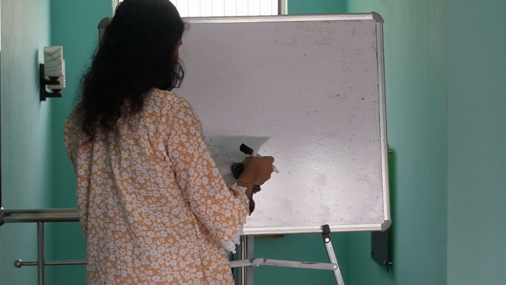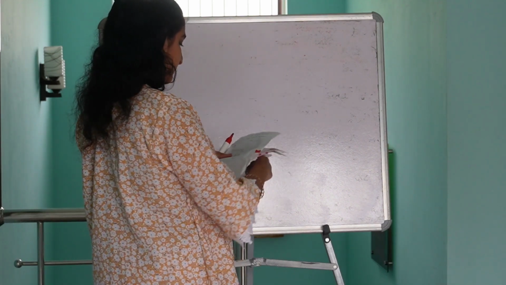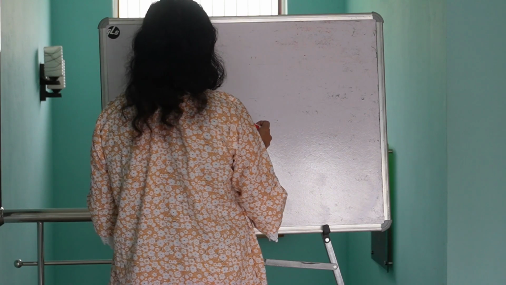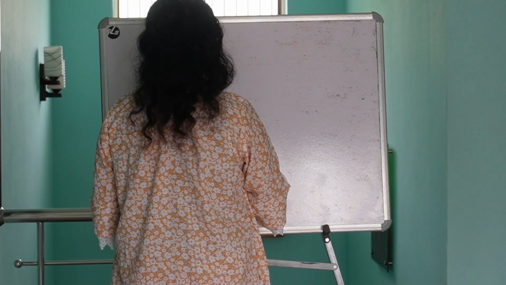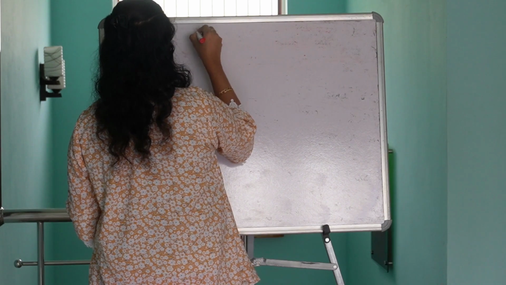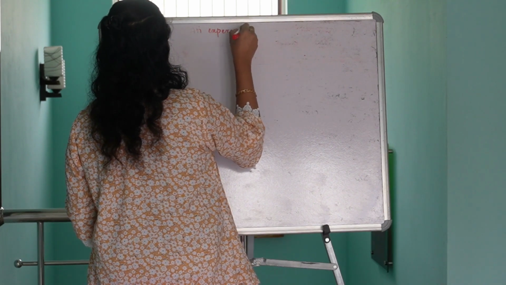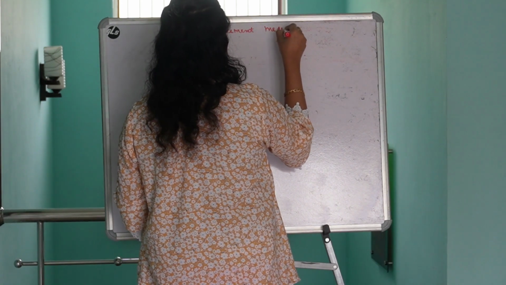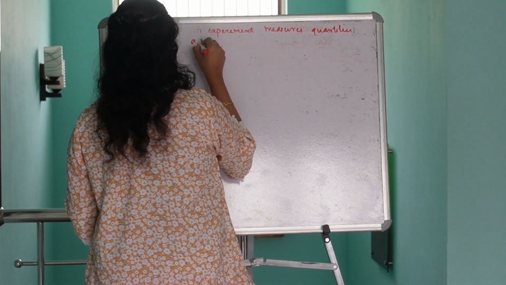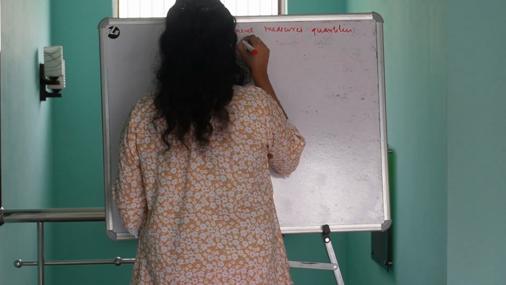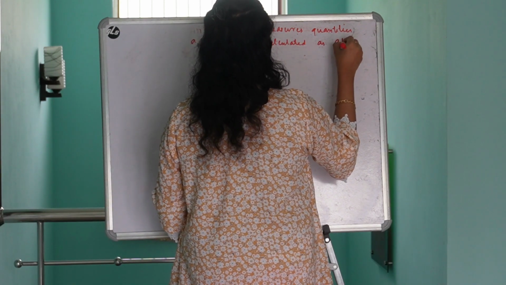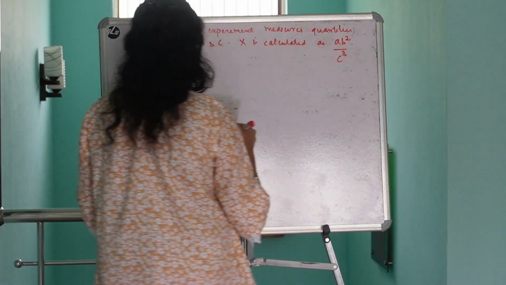Okay. Now the next question. An experiment measures quantities A, B and C. X is calculated as AB square divided by C cube.